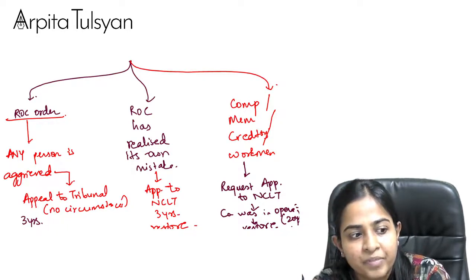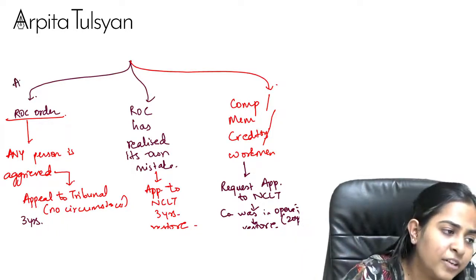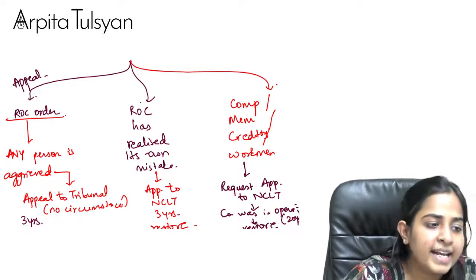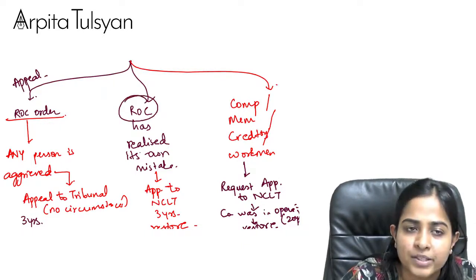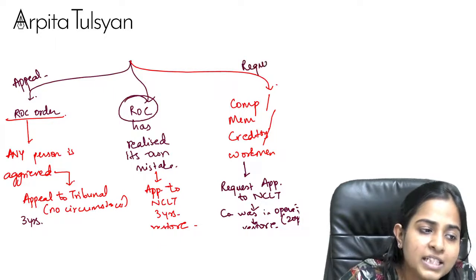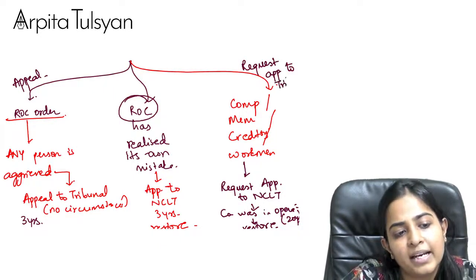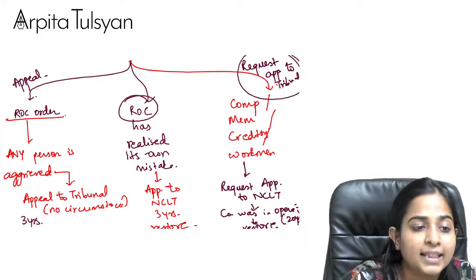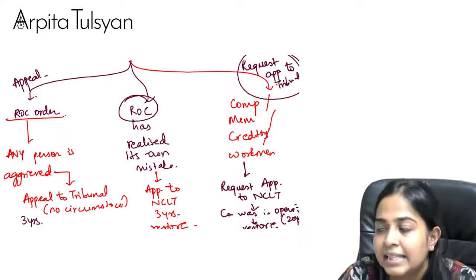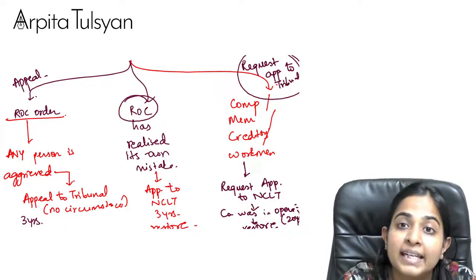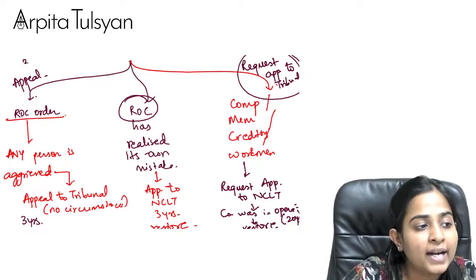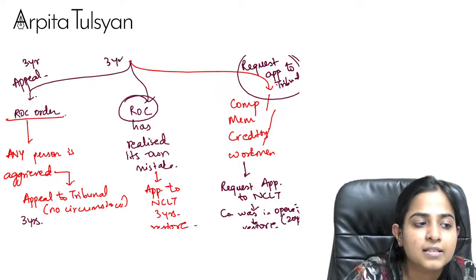So, appeal is only the first one. The next one was where the ROC has realized its own mistake, and in the last one we are just making a request application to the tribunal, and this has the longest time period, 20 years. The first two had a time period of 3 years.